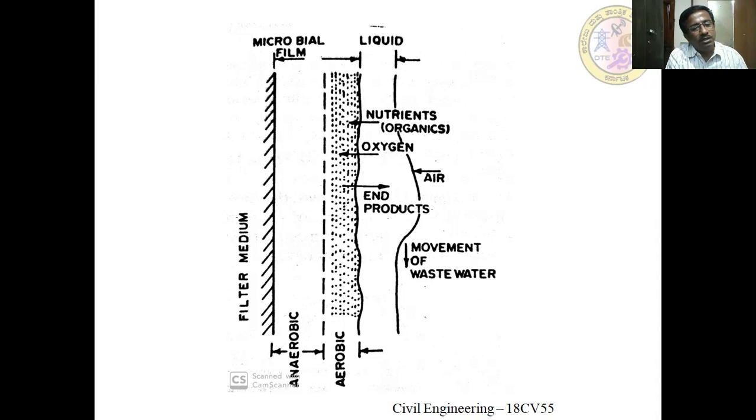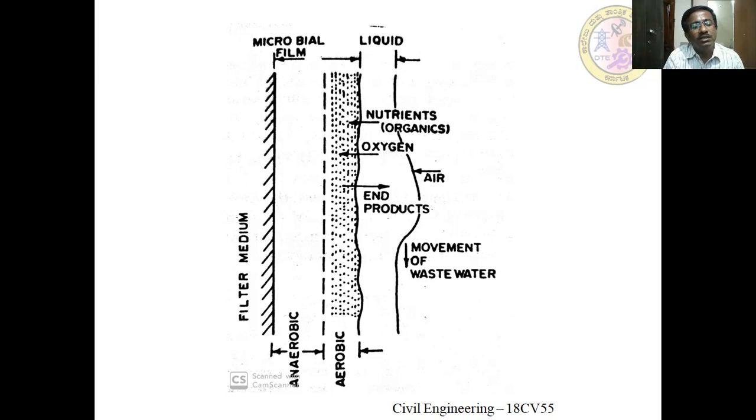As the concentration of the microbes as well as the organic matter goes on increasing, the thickness of the film also goes on increasing. At the outer film, sufficient oxygen is available, so aerobic degradation takes place.